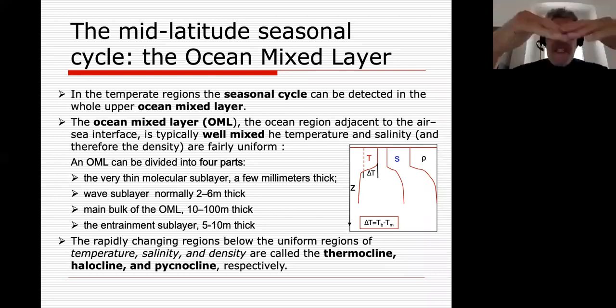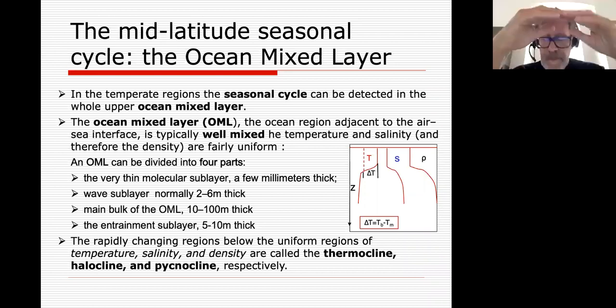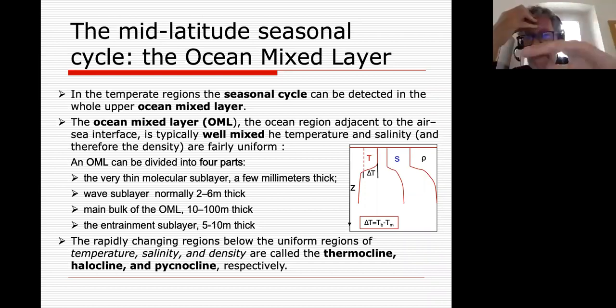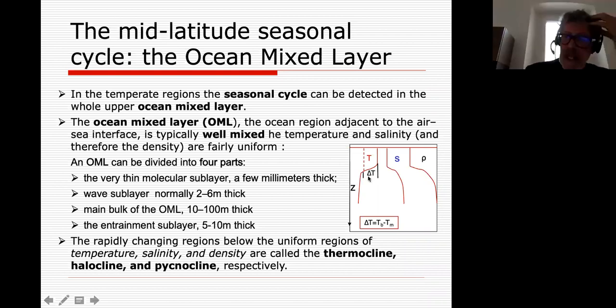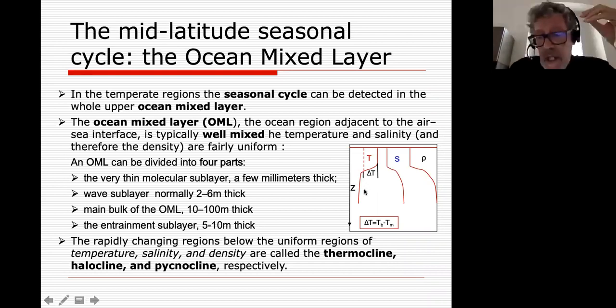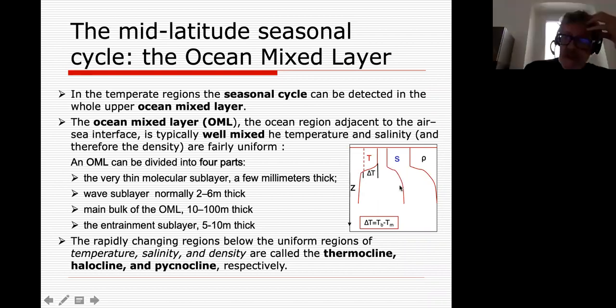So exchanges of energy, momentum, turbulent energy with the atmosphere. And on the bottom, you have the ocean interior, which has different characteristics. As you can see here, temperature is generally much lower, salinity tends to be higher, and also density is higher.